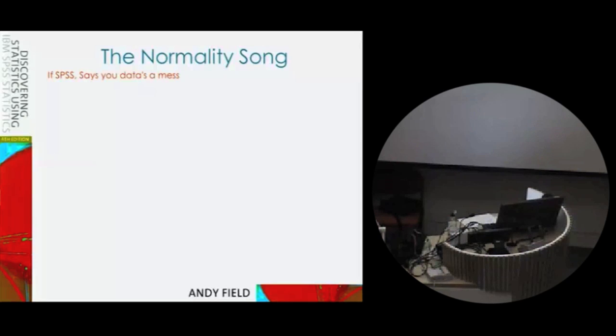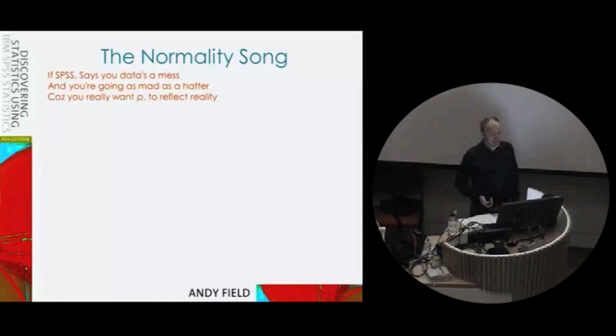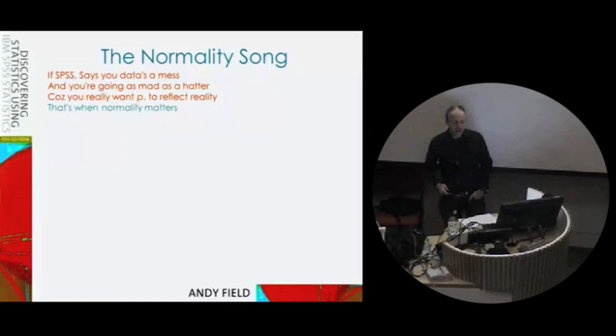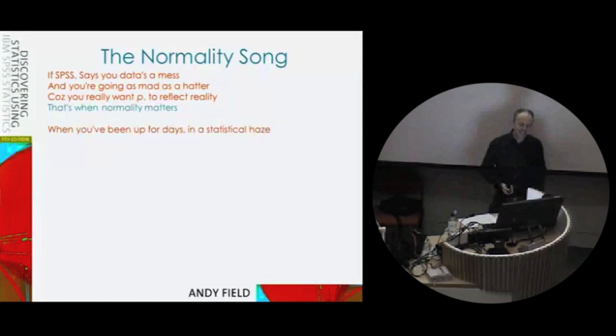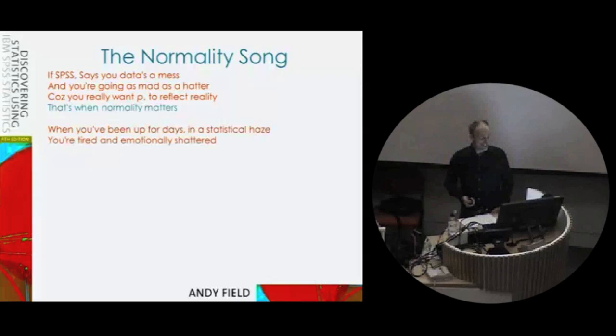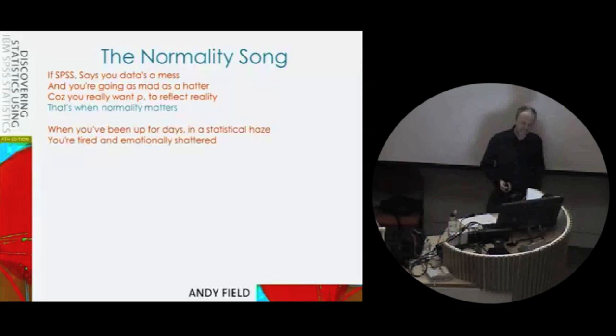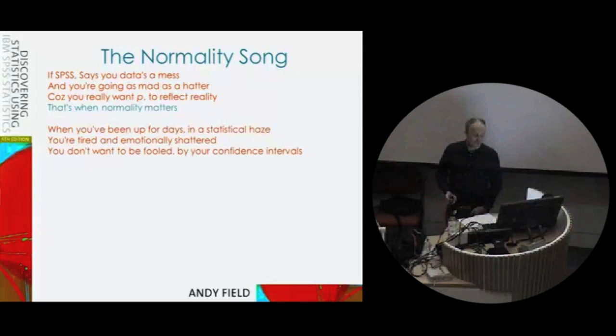If SPSS says your data's a mess and you're going as mad as a hatter, 'cause you really want P to reflect reality, that's when normality matters. When you've been up for days in a statistical haze, you're tired and emotionally shattered. You don't want to be fooled by your confidence intervals.